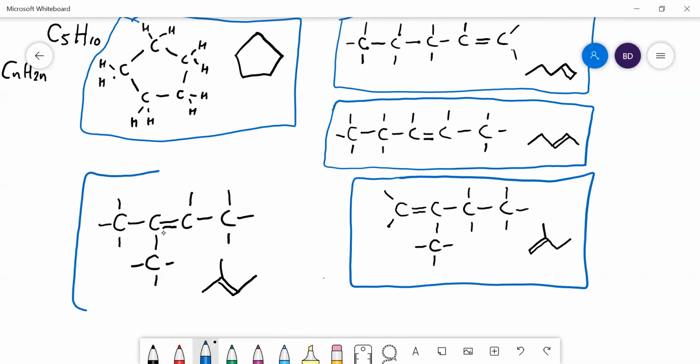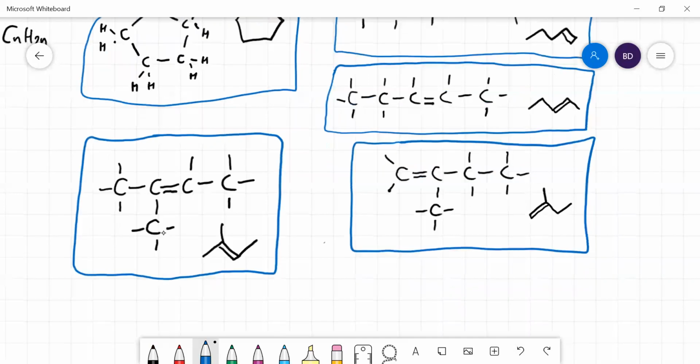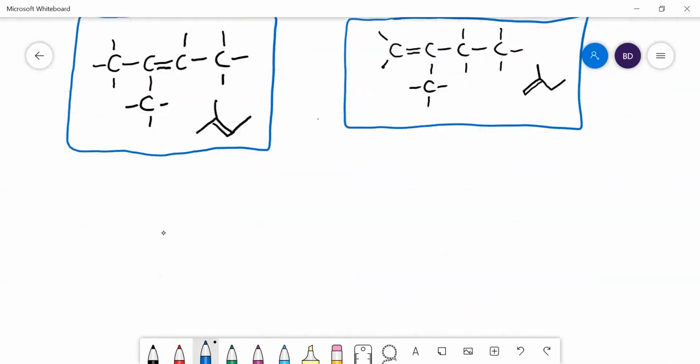And I think you can probably see there's one more of these we could have. Same basic outline as this one, but we're going to put the double bond there between those 2 carbons. So I'll draw that one. I'll branch there, and we'll put the double bond there this time.